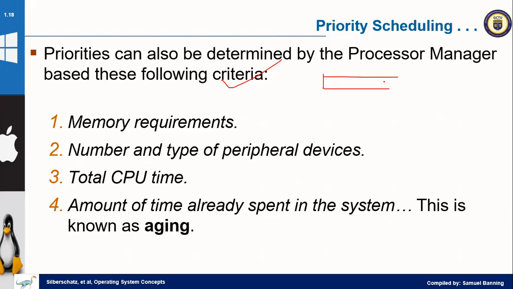Also, the total CPU time. How many CPU cycles does a process need in order to complete its task? Based on that, the task can also be given a priority number, whether low or high. And lastly, the amount of time that has already been spent. Has the process started its execution?